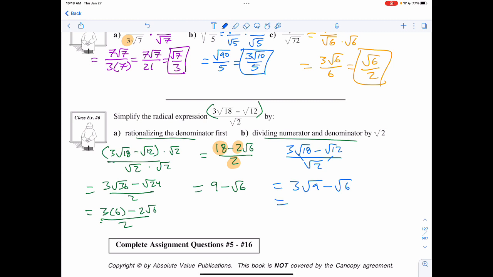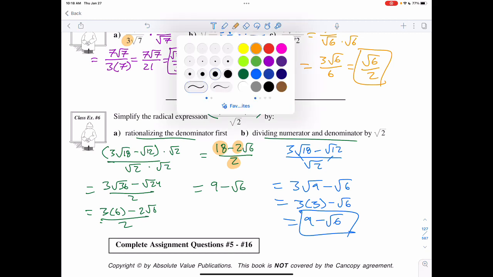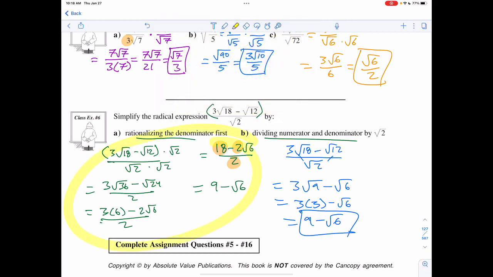The square root of 9 is 3, and it gives me 9 minus root 6. And I got to the exact same point. As you can see, if I can simplify first and then rationalize, it takes a lot fewer steps. All right, go get some practice done.